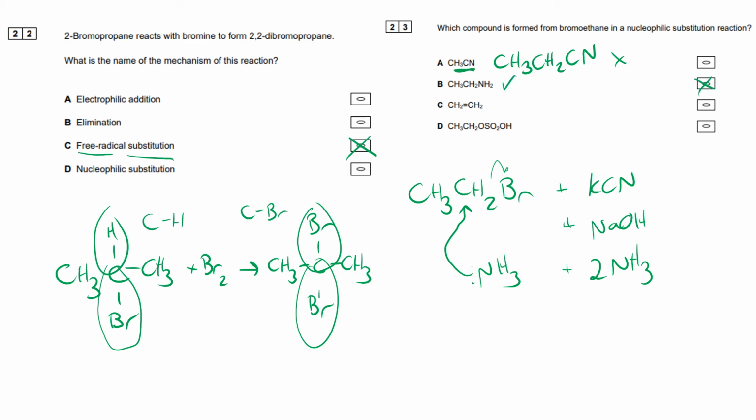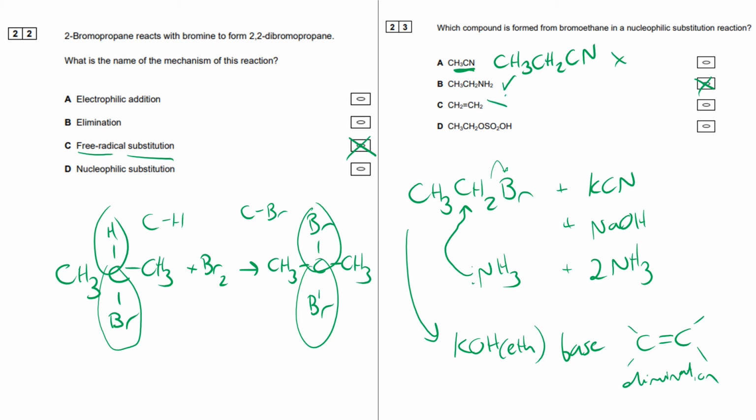Just go through C and D just to eliminate those as answers. So haloalkanes will also react with potassium or sodium hydroxide under reflux when the hydroxide is dissolved in ethanol. The hydroxide acts as a base and therefore it will form ethene. That's not nucleophilic substitution, that's elimination.